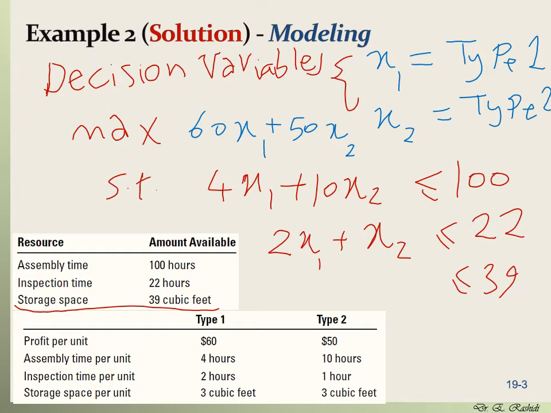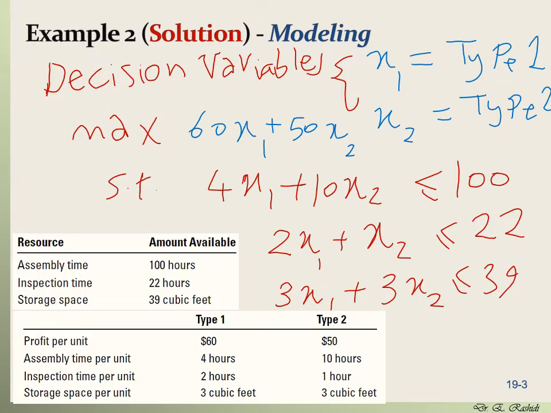Each type 1 microcomputer would require 3 cubic feet, so that's 3 multiplied by x1, plus each type 2 computer would also require 3 cubic feet, so that's 3 multiplied by x2. So this should be less than or equal to 39 cubic feet of storage.